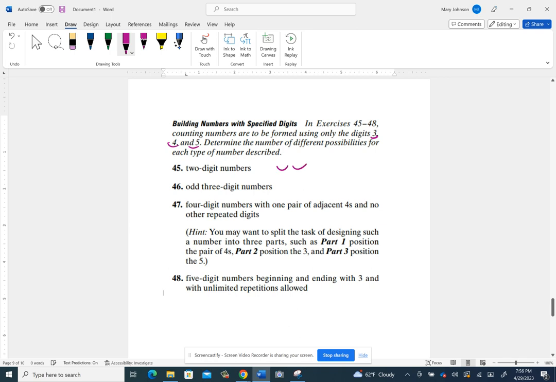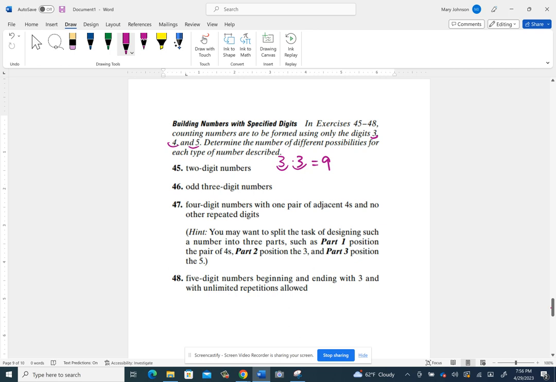So 2-digit numbers, 2 tasks. So for the first digit, we have 3 options. And then on this one, it doesn't say you can't reuse the number, and with numbers, it would make sense that you could. So there'd be 9 2-digit numbers, 3 choices for the first digit, 3 for the second.